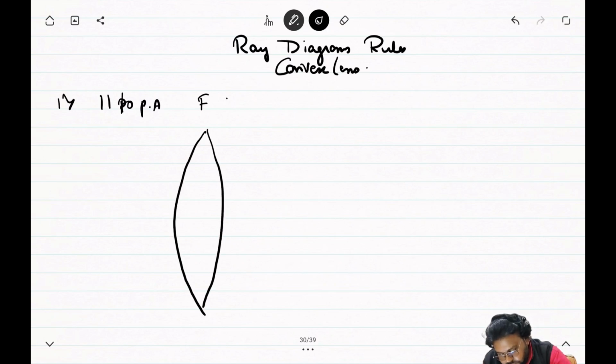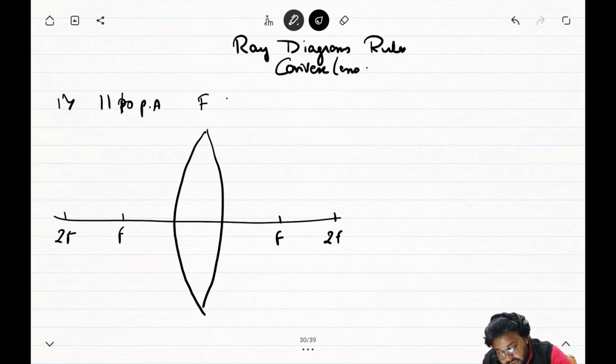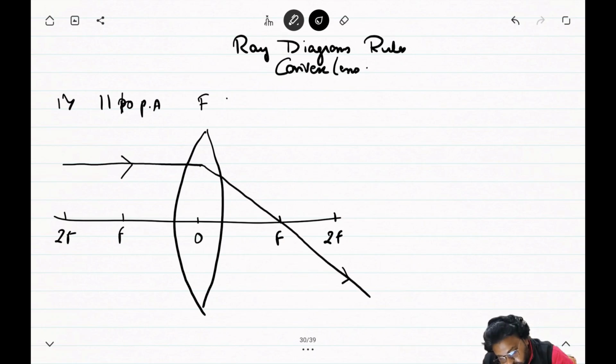See, this is a convex lens, f1 to f1, f to f, 2f. The distances should be the same, and should be calculated and drawn with the help of a ruler, sharp pencil and compass. The light parallel to the principal axis, after refraction will go through the focus. So that's your first rule to make the image diagrams.